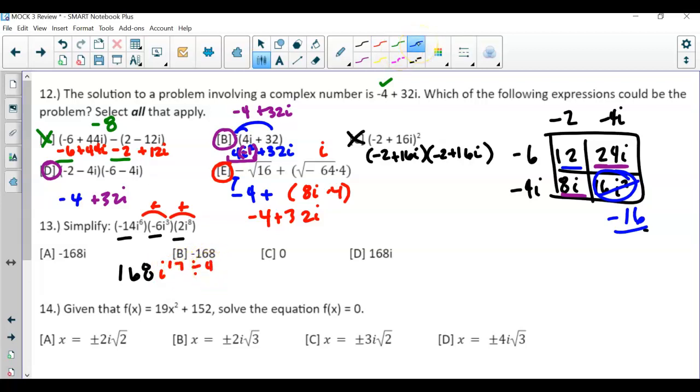So now when you divide by 4, you get 4.25, which is 1/4. So this is 168, but then i to the first power because you had 1/4. Then i to the first power is just i. 168 times i, 168i, which is why the answer is D.